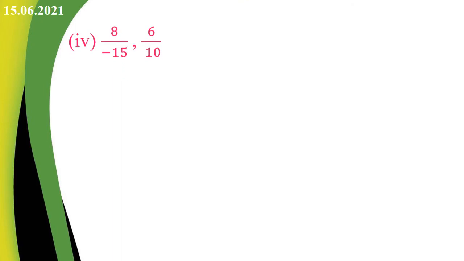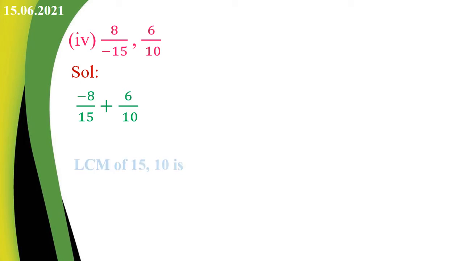Let's see the fifth problem, 8 by minus 15 and 6 by 10. Let us find the solution. Now we can add the rational numbers. Minus 8 by 15 plus 6 by 10. The first step, check the denominators. Here the denominators are different, so we need to find the LCM.